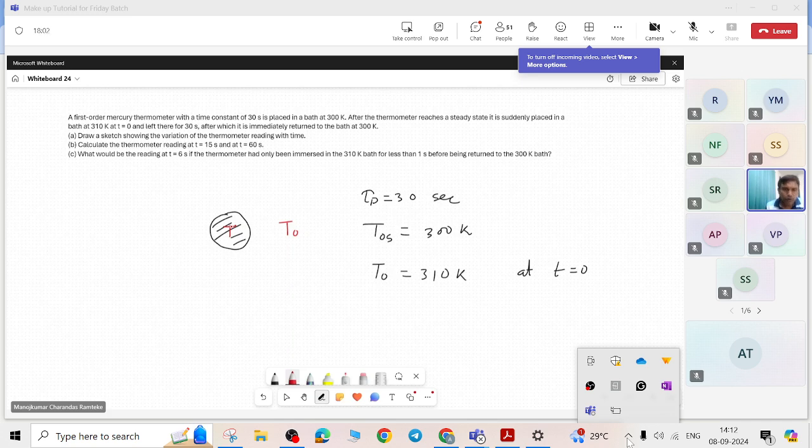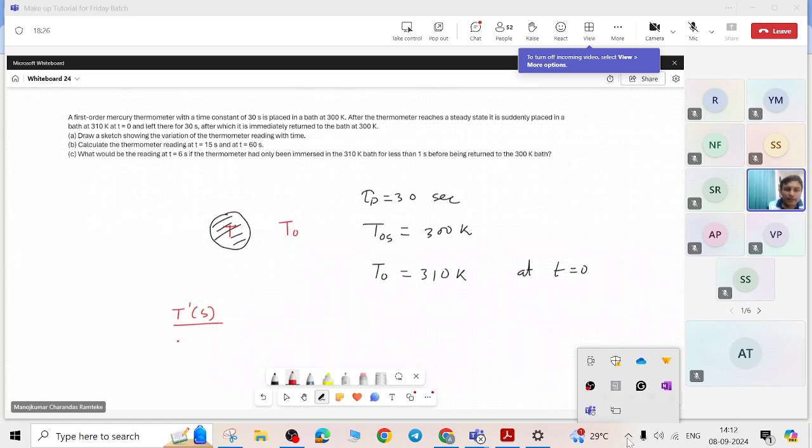Okay, so in this case, if I look at the transfer function, T dash s is the output temperature, and what is the input here? What is the input in this case?